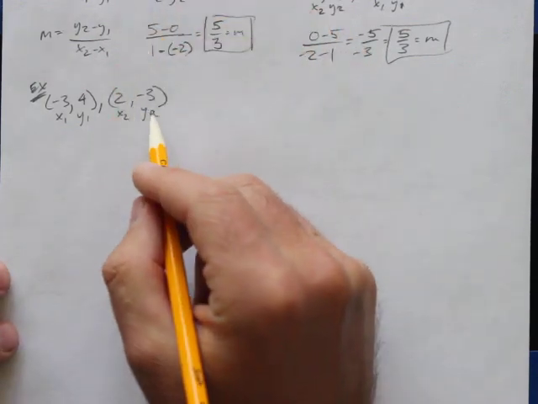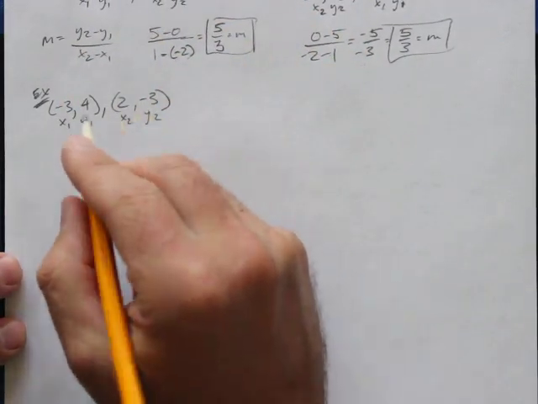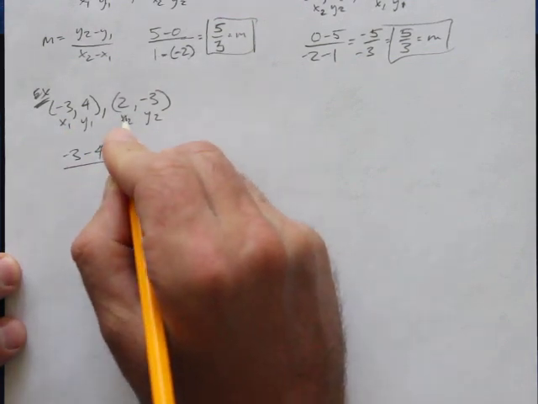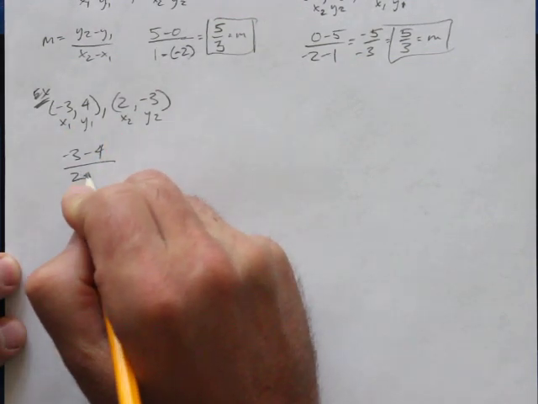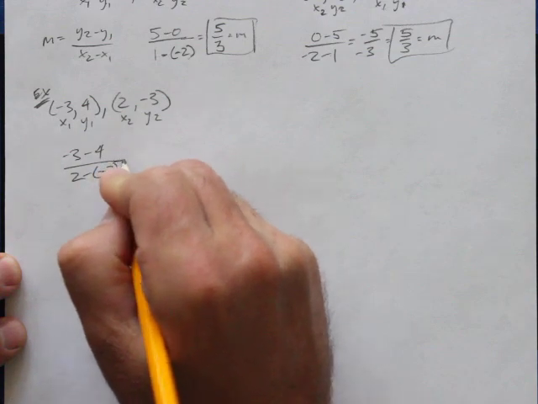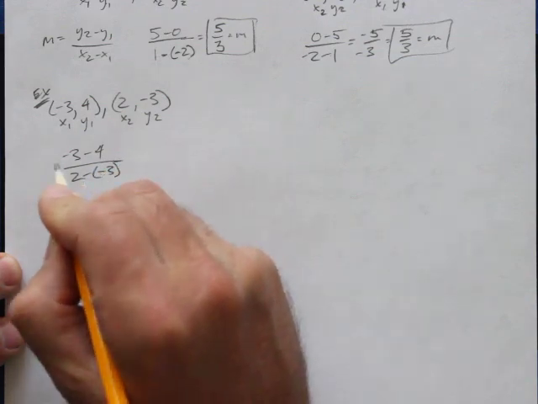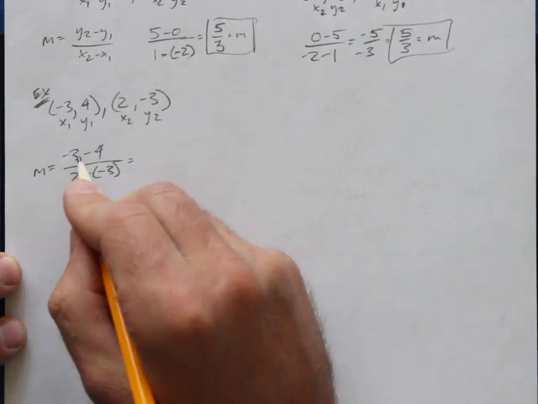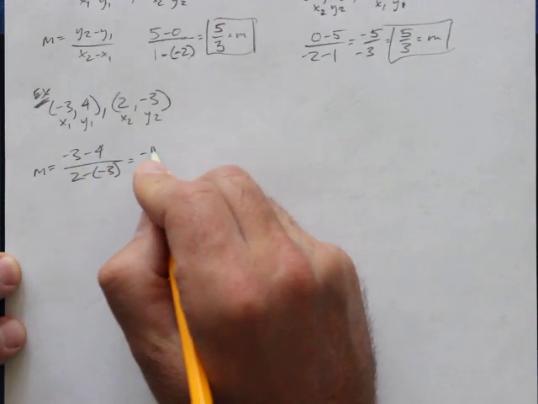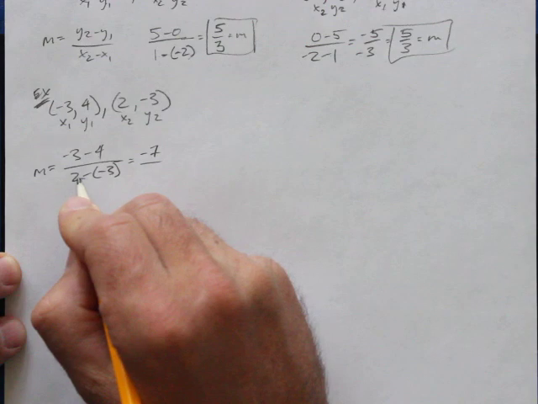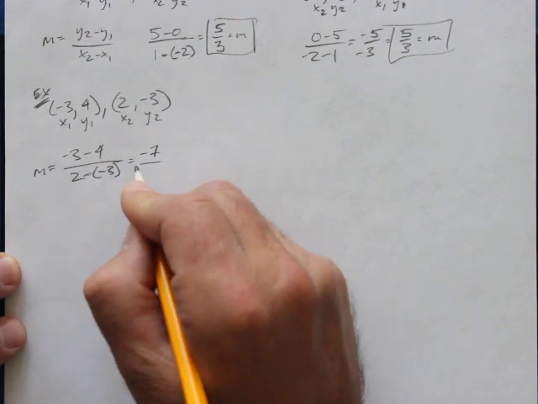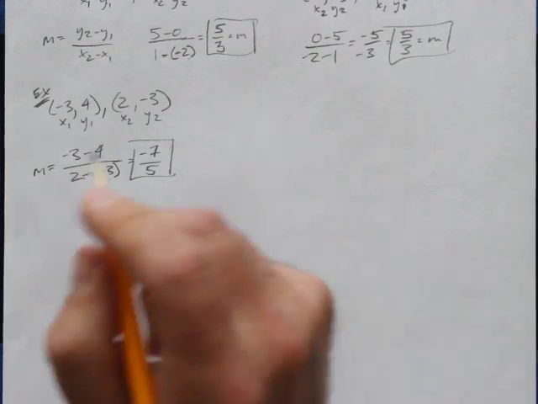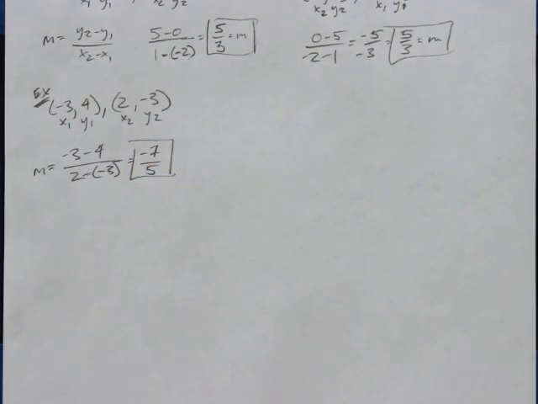Next thing I'm going to do, plug these into the formula. y2 is -3 minus y1, which is 4, over x2, which is 2, minus parentheses, -3. So remember, we're looking for the slope here. This is the slope formula. -3 minus 4 is -7. 2 plus 3 is 5. This is my answer. -7 over 5 is my slope.